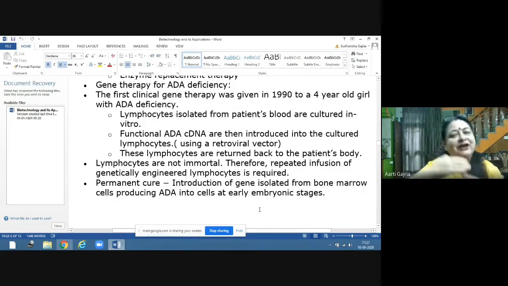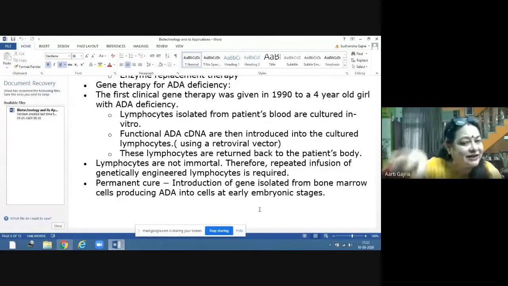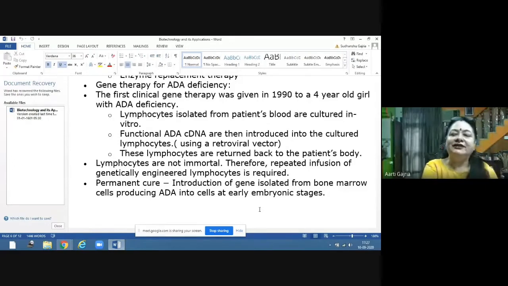So regularly they have to go, and the lymphocytes from their body are taken out. They are cultured outside, and with the help of the retrovirus, the desired gene is incorporated inside those lymphocytes, and then these lymphocytes are sent back to the patient's body, and then they can produce the immune response.